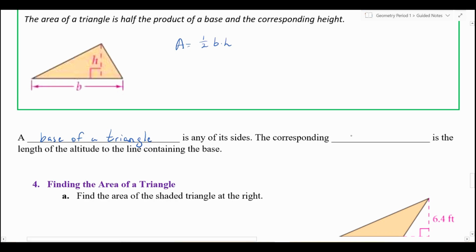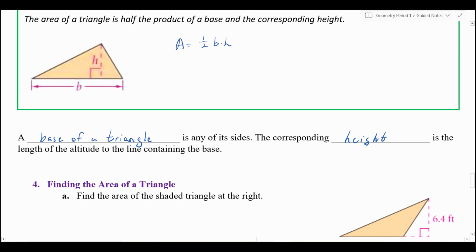The corresponding height is the length of the altitude to the line containing the base. Basically the same concept. So if here, back to the drawing, we have our base over here, our height will be this one right here, right?